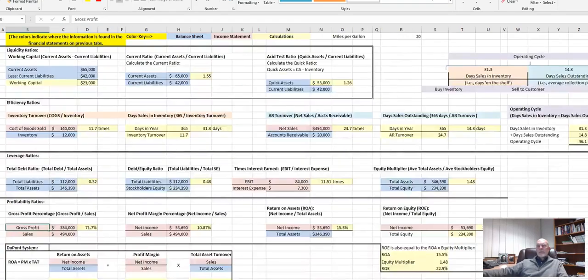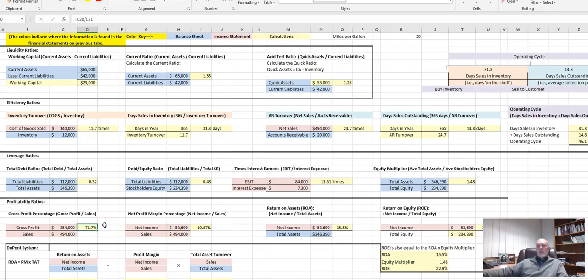The gross profit percentage indicates how much of the sales dollar is markup above cost. In this case, 71.7%, almost 72%, means that out of every dollar of sales, 72 cents represents markup. The other 28 cents was our cost. As far as examples go, that's a pretty high markup.